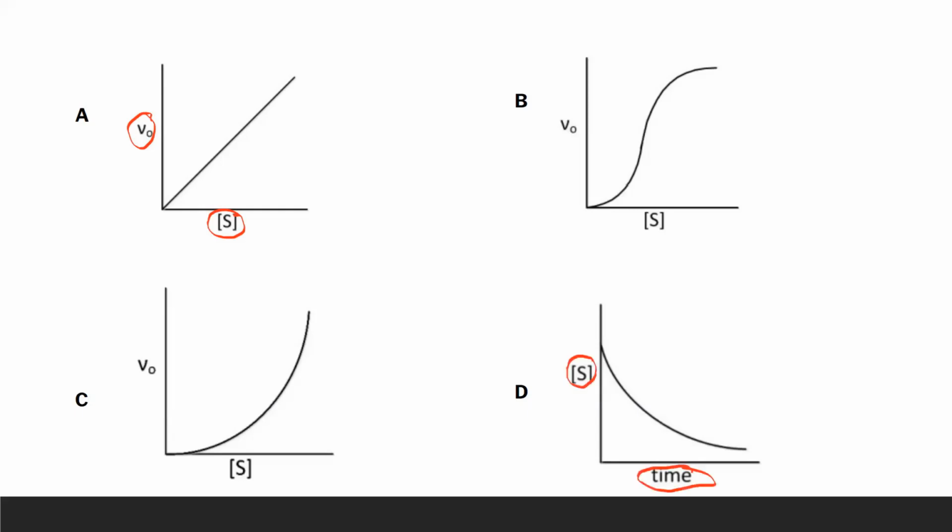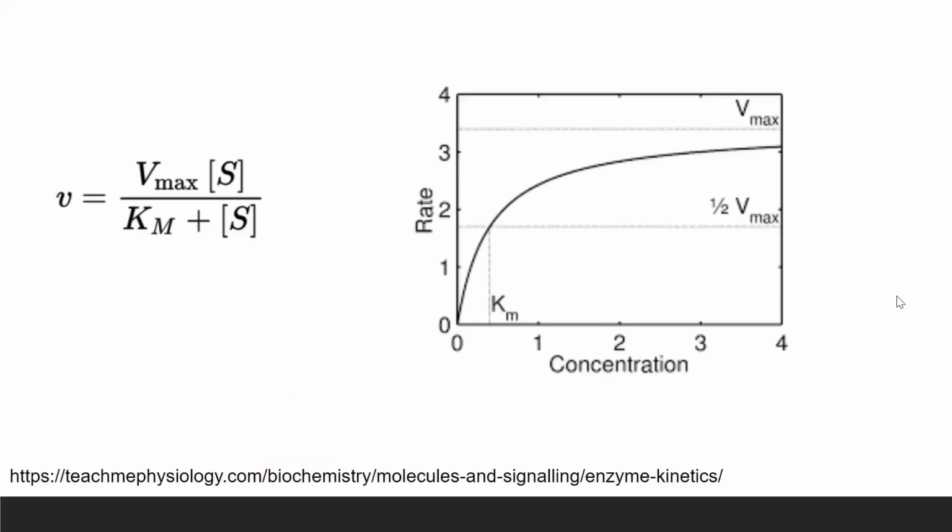So let's refresh our memories and see what the Michaelis-Menten equation is before we see what the answers are. What you see on your screen is the Michaelis-Menten equation, which gives you a relation between the velocity, Vmax, Km, and S. Here, Vmax is the maximum velocity that a reaction can reach, Km is the Michaelis constant, and S is the substrate.